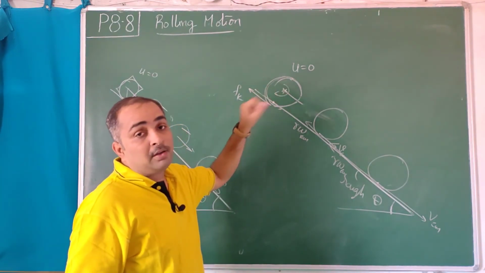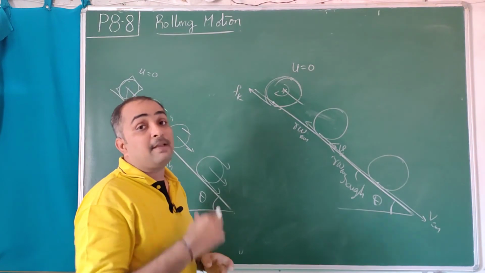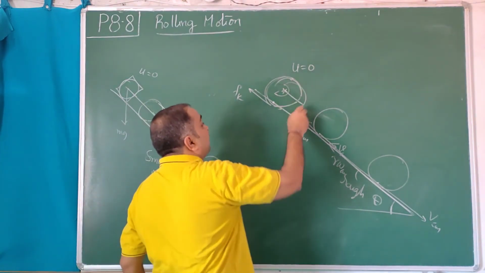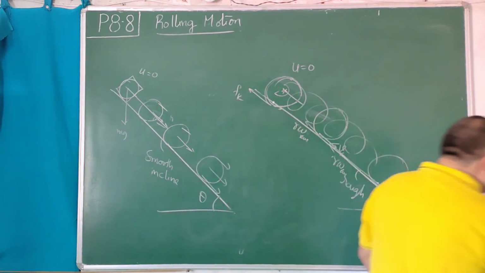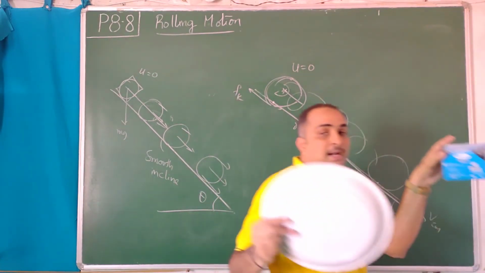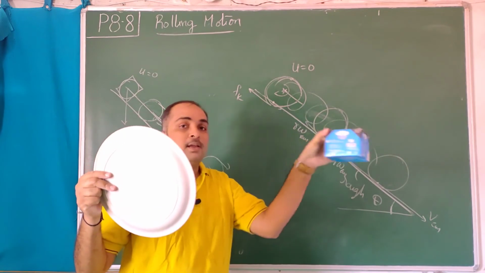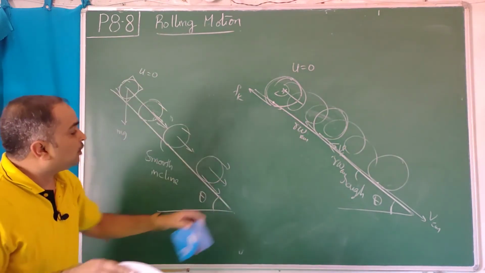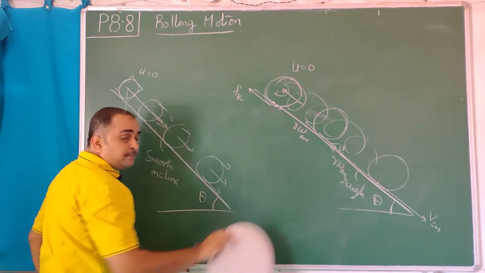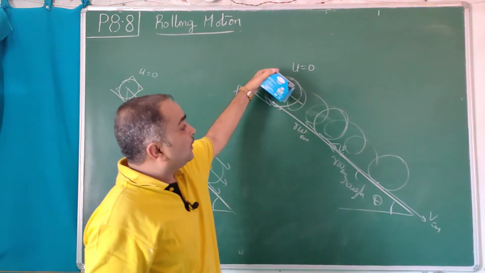Rolling balls will not slide, they will roll. So on a rough surface, the motion of a round object is different from the motion of a cube. So this and this, if I take on a rough surface, both are different. On a smooth surface, this slides down like this, and this also slides down like this. There is no difference.